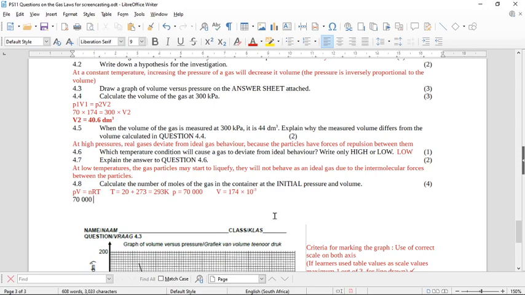70,000 and the volume is 174 times 10 to the negative 3. That's my volume.